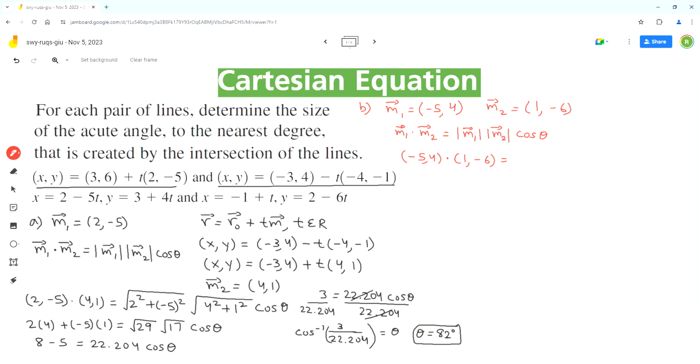For the magnitudes, we should square the components, add them, and apply square root to the sum. Now we can do the dot product on the left side. So we should multiply the x and y components.